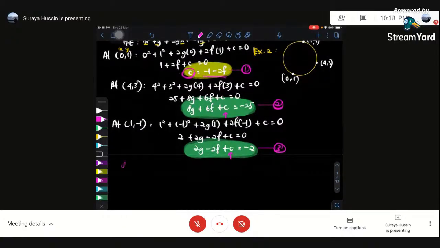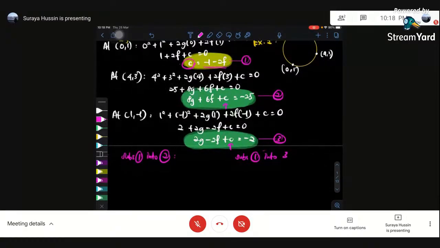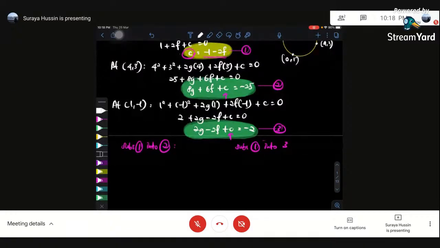Okay, so what I'll do here is substitute 1 into 2 and substitute 1 into 3. That is what I will do. Okay, so here I will get 8g plus 6f plus c, where c is negative 1 minus 2f, equals negative 25.